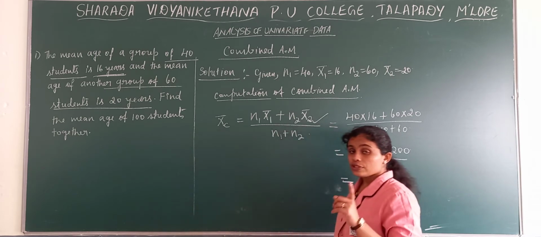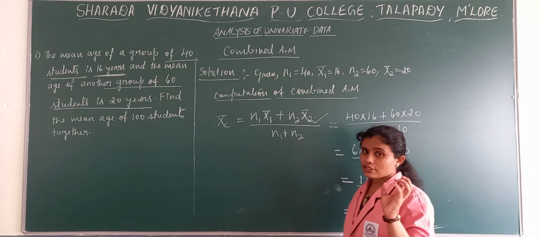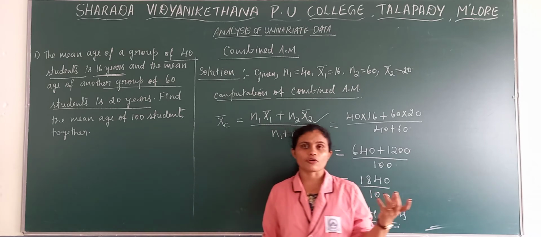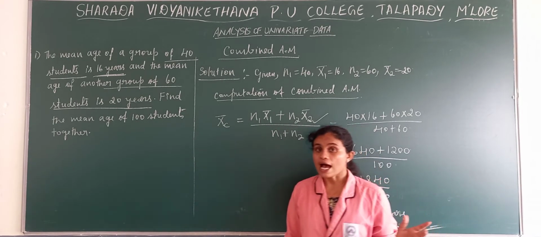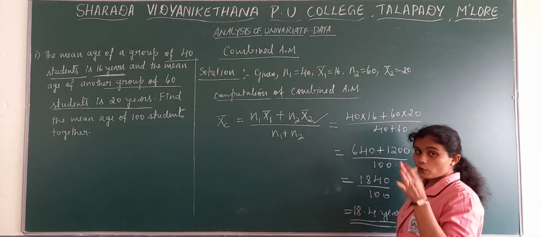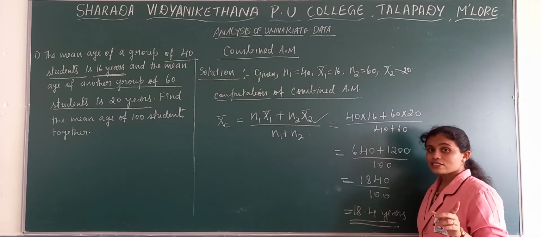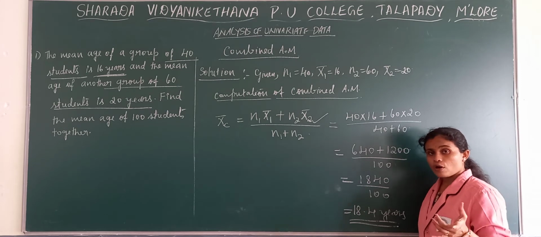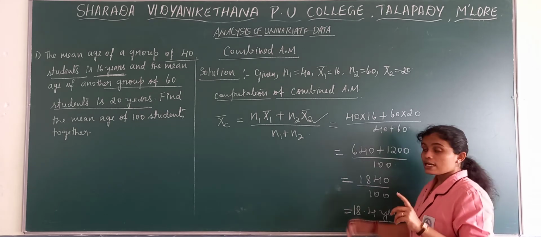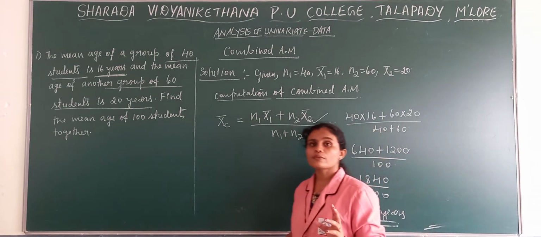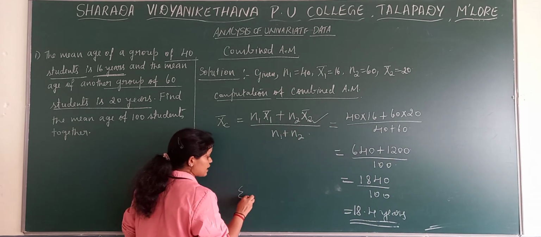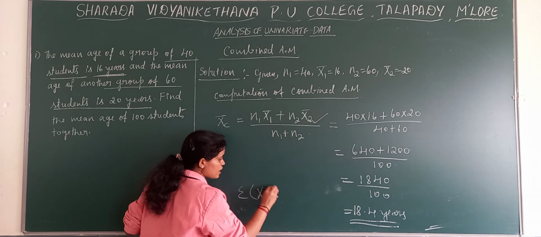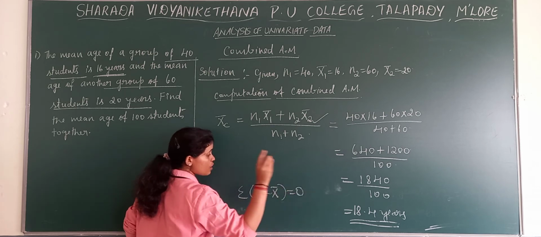Then we also saw how to find the missing frequency, with no change in the formula. And we also saw three properties. The first one: the algebraic sum of deviations of a set of observations taken from their mean is 0, that is, sigma (x minus x bar) is equal to 0.